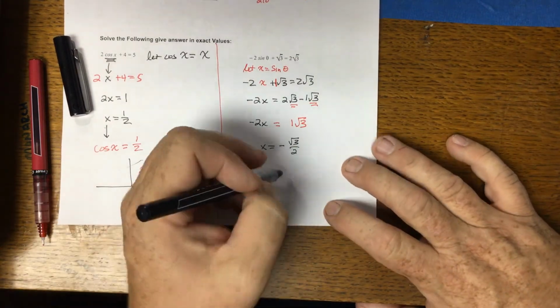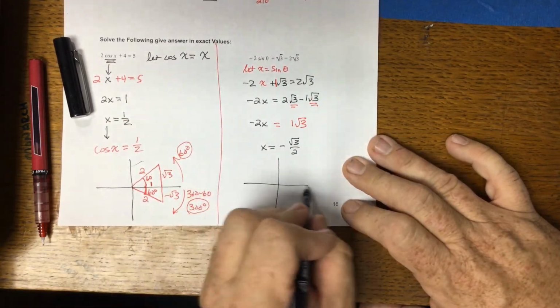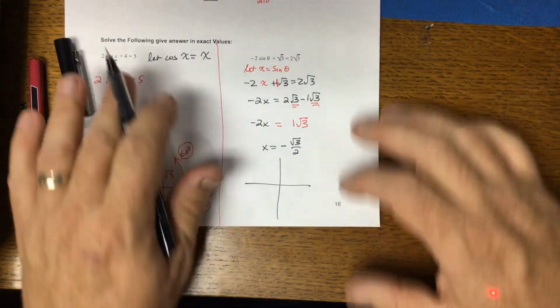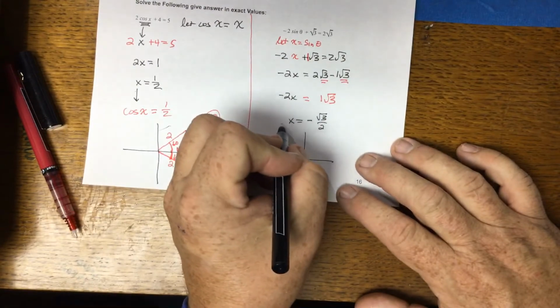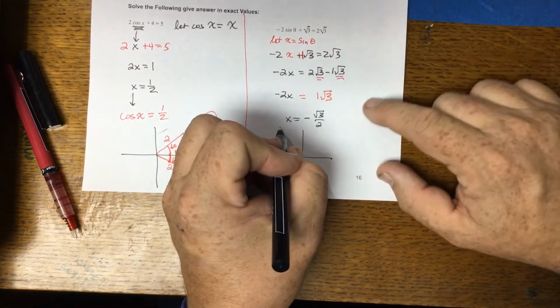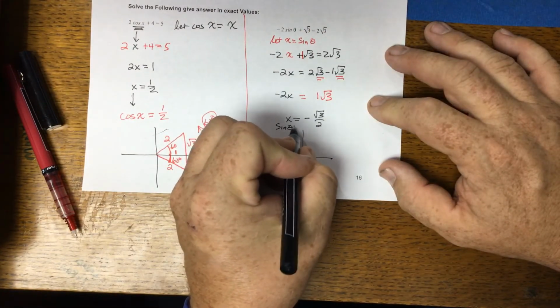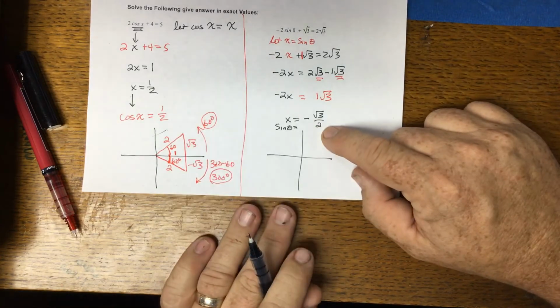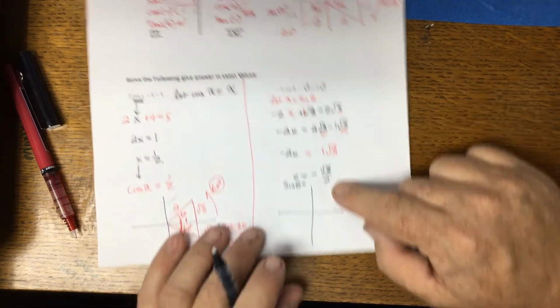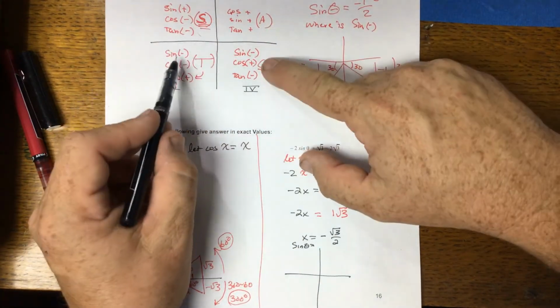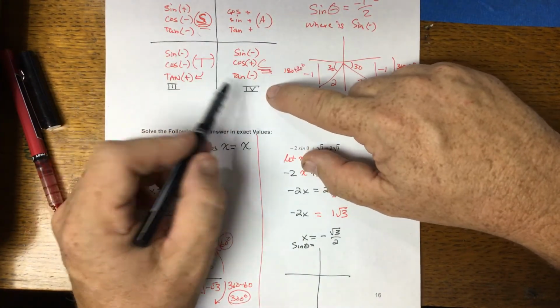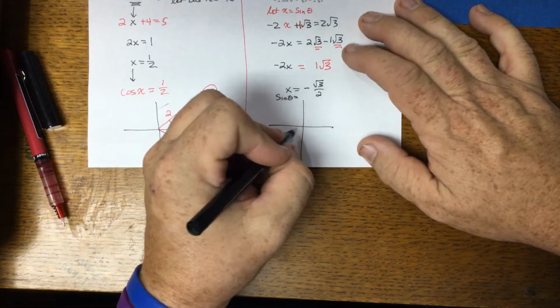So again, draw my quadrant here real quick. I forgot to rewrite this. This is sine, so it's the sine of theta equals negative root 3 over 2. Where's sine negative? Well, sine's positive up here, so I'm down in quadrants 3 and 4. So I draw my triangles.